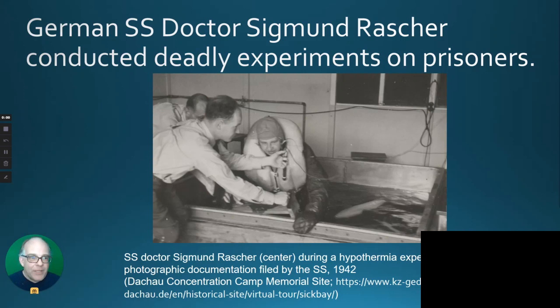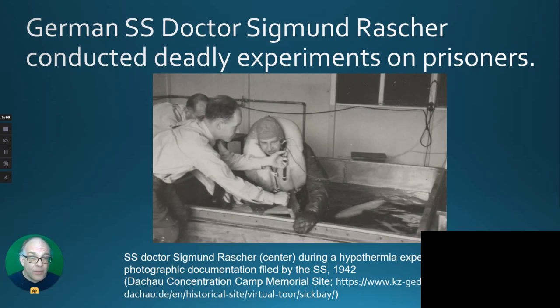In this diagram, he's looking at hypothermia. What happened if a pilot got out of their plane because the plane was being shot down and was submerged in ice water? How long were they able to survive? What ways could we rewarm them? Rascher did some pretty good, well-designed experiments that were often viewed as valid science going up into the 1990s.